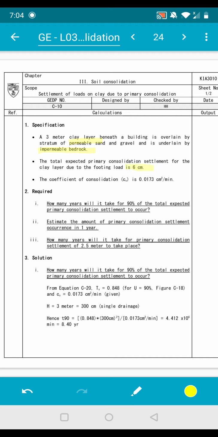So the settlement is given, and the coefficient of consolidation is also given. What is required? How many years will it take for 90% of the total expected primary consolidation settlement to occur? Second, estimate the amount of primary consolidation settlement occurring in 1 year. And lastly, how many years will it take for primary consolidation settlement of 2.5 meter to take place?